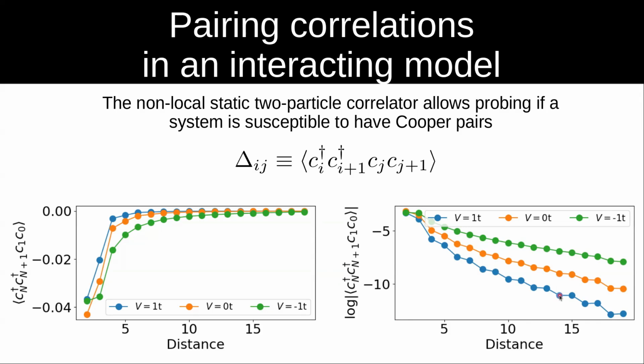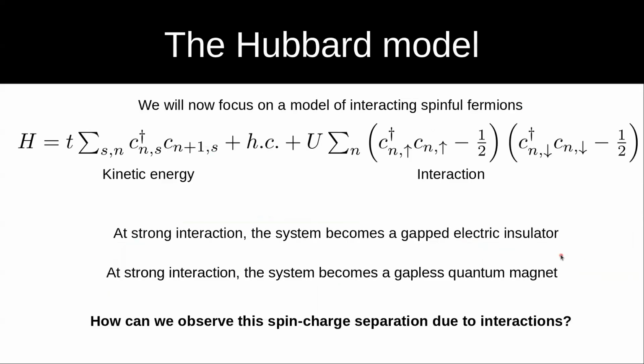So repulsive interactions do not want to create these types of Cooper pairs. Whereas if you add attractive interactions, what you actually see is that the decay is slower, and having this slower decay means that the system is more likely to want these types of double electron interactions. And in a way, this is a signature that attractive interactions would promote Cooper pairs in the system.